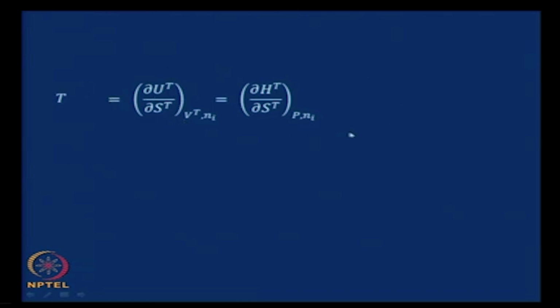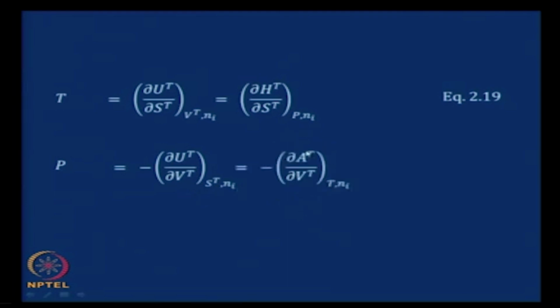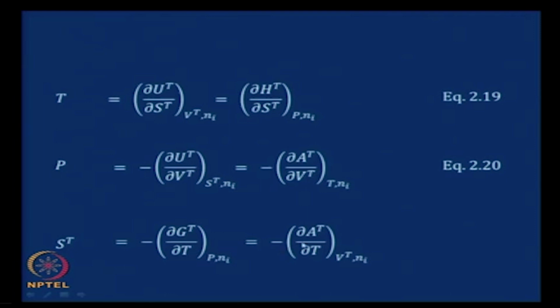We had seen T appearing in two different equations there, which we represented as partial derivatives. I am just compiling those here as equation 219. P as minus of dou Ut by dou Vt at constant St, ni, or minus dou At by dou Vt at constant T, ni, equation 220. St as minus of dou Gt by dou T at constant P, ni, or minus of dou At by dou T at constant Vt, ni, equation 221, and Vt as dou Gt by dou P at constant T, ni, or dou Ht by dou P at constant St, ni, equation 222.